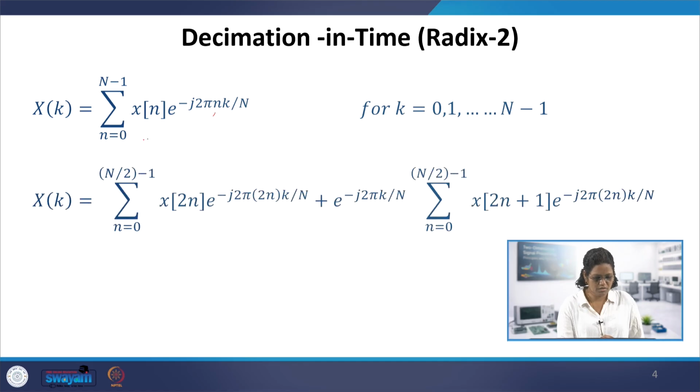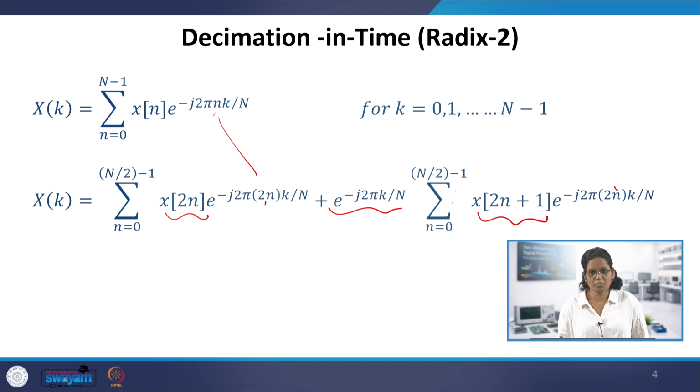First we separate the x of n samples into x of 2n samples and x of 2n plus 1 samples, that means separating them into even and odd samples. So now n is replaced with 2n, and here n is replaced with 2n plus 1, and that plus 1 is taken over here. That's how this together performs the same thing.